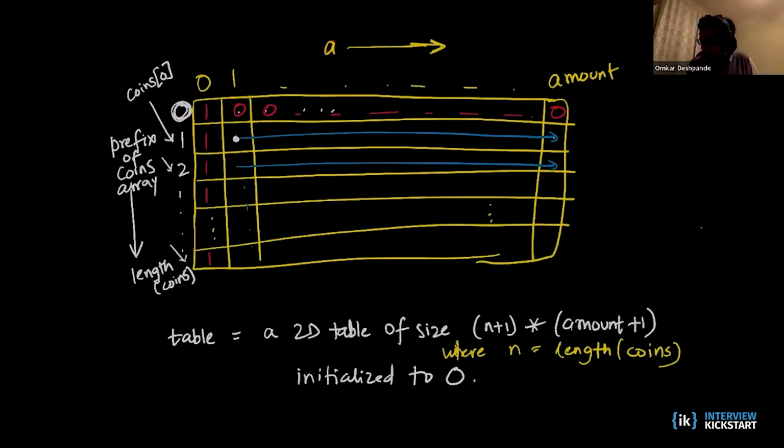So if you are looking at row I, we are in general looking at coins of I minus 1. It is the ith coin, but the index in the coins array is going to be I minus 1.